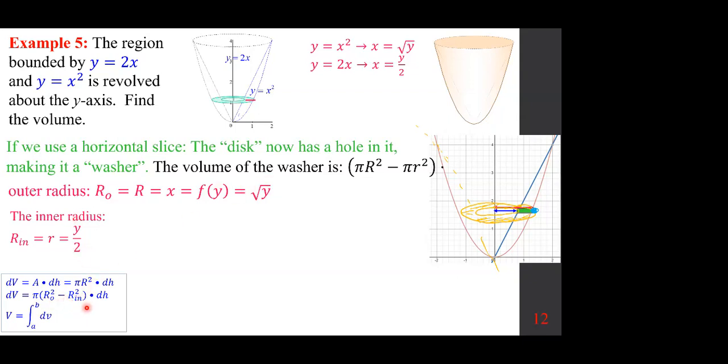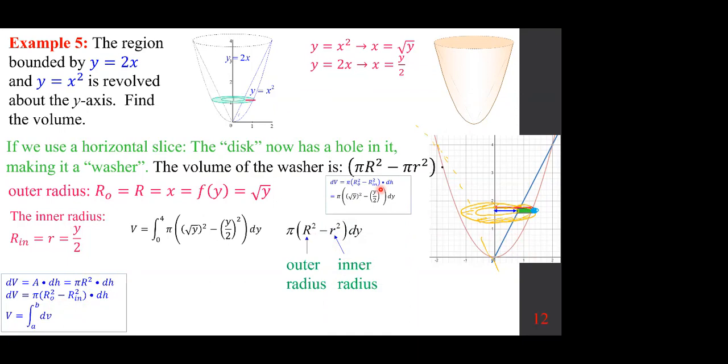We decided the thickness, we're going to go up and down, right? To cover this, that's dy. Outer, inner, thickness, but I'd rather go with my own method, R out and R in. I'm showing you both at the same time. I would stick with R out and R in. To me, it's a lot easier, class. And so we are going to evaluate this from 0 to 4 because of the points of intersection.